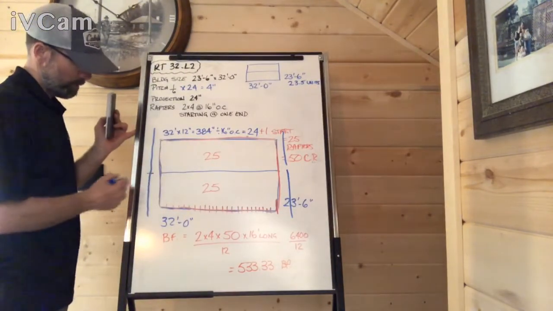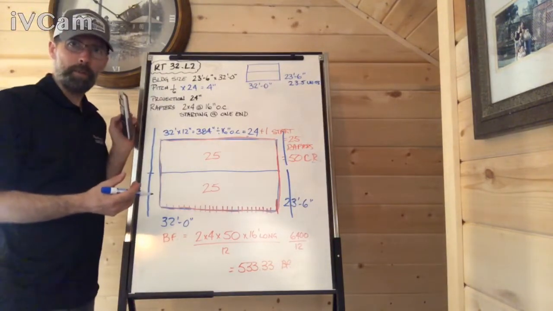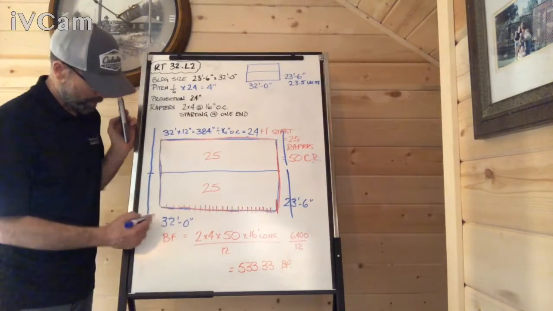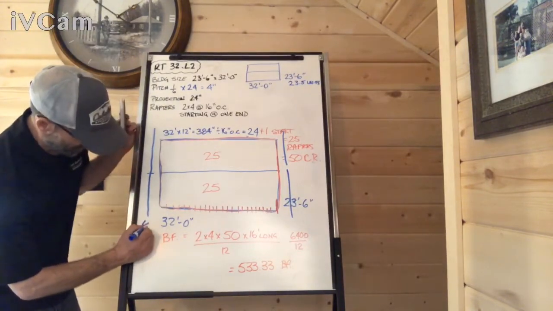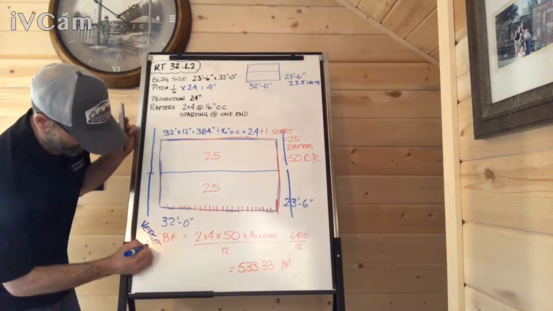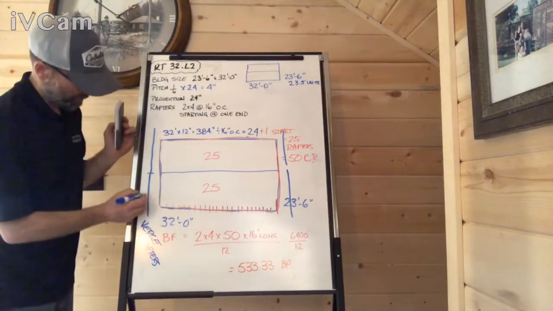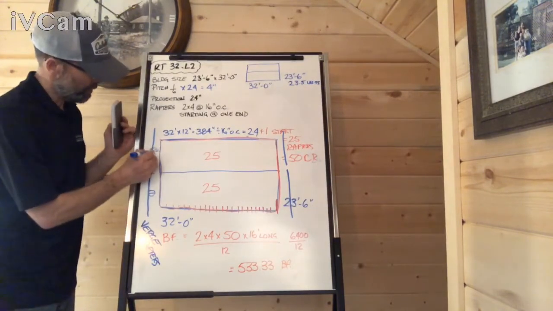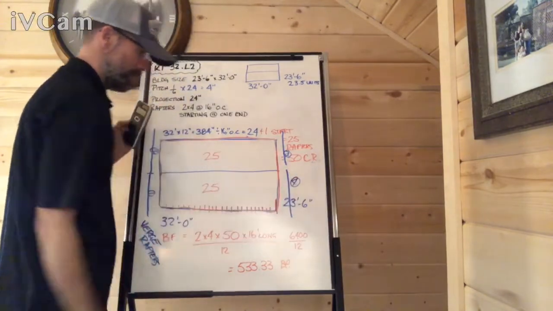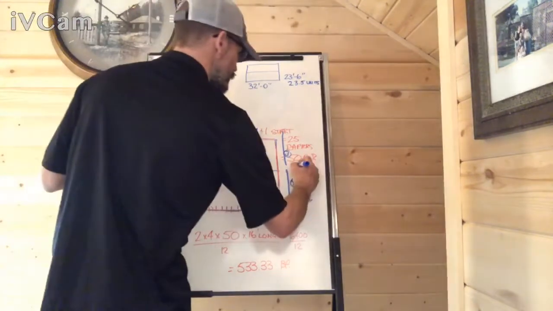These rafters on the outside are exactly the same as our common rafters, except we don't have a bird's mouth in them down here at the bottom because they're not resting on a wall plate. These are what are known as verge rafters. How many do I have? 1, 2, 3, 4. So this is 50 common rafters plus 4 verge.